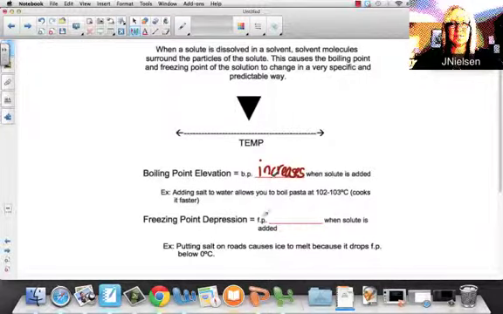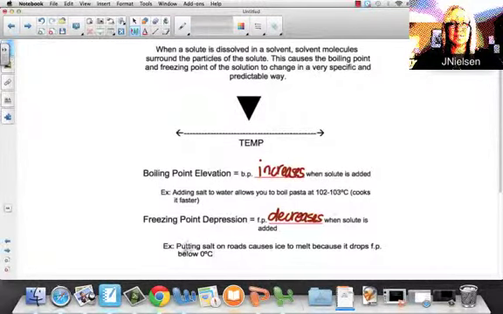Freezing point depression is when the freezing point decreases when solute is added. And you had a whole article that you did last marking period on driving in winter roads and adding salt.